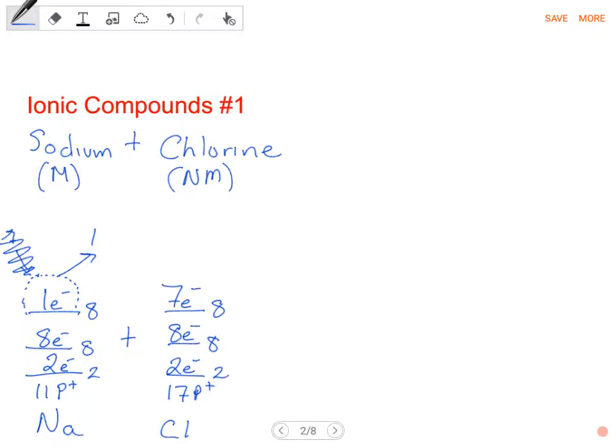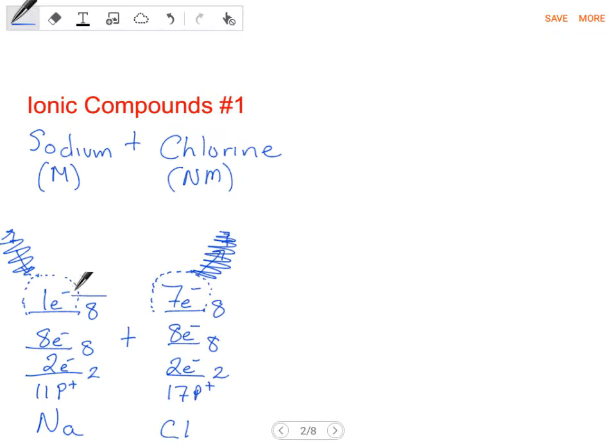Okay. Let's look over at chlorine. Look at the top level. Those valence electrons are not happy. So what are we going to do? Are we going to bring in 1 more, or are we going to lose 7? Well, everyone here is lazy. So I'm hoping what you're seeing is there's a connection here about what's going to happen.